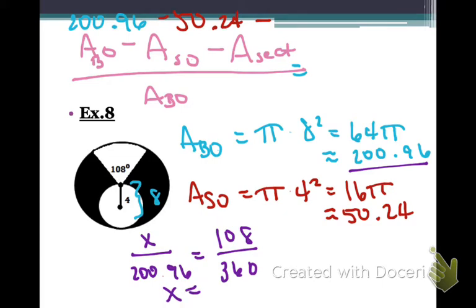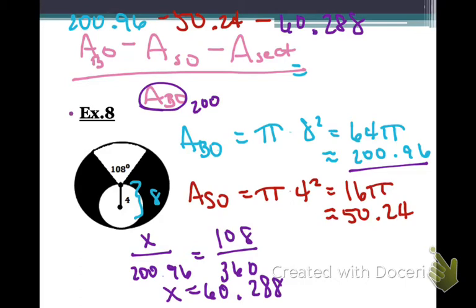So you have 108 times 200.96 equals 360x, and then divide by 360, and you should get 60.288. And then the big circle again down here was 200.96.